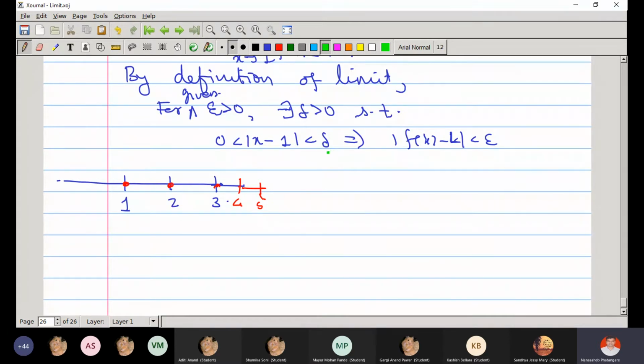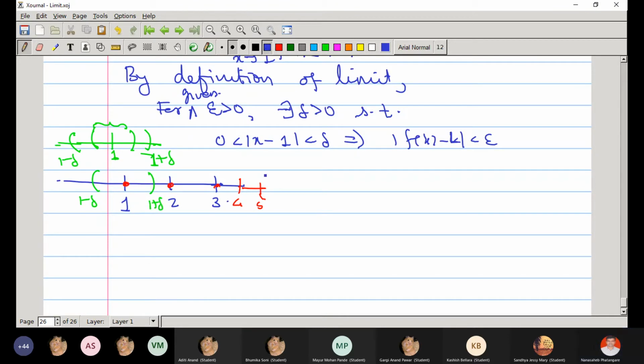Now what is delta? Some delta, whatever it may be. Suppose something is true in some bigger delta neighborhood of 1, is it true in some smaller neighborhood? Yes, sir. Right. Therefore, I choose delta smaller, less than 1, so that means 1 minus delta, 1 plus delta.